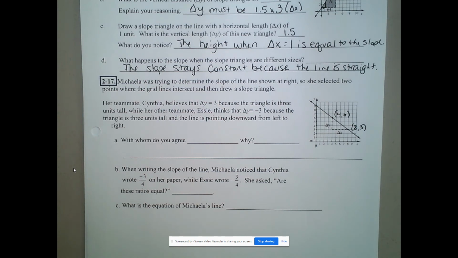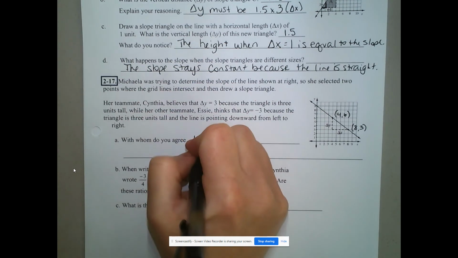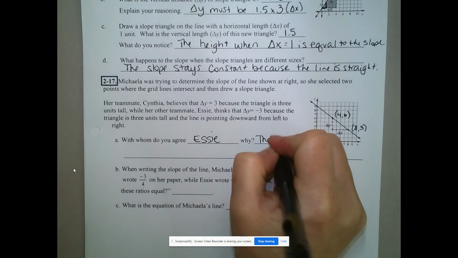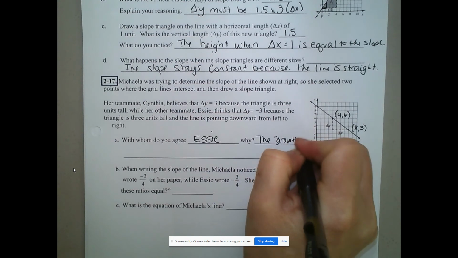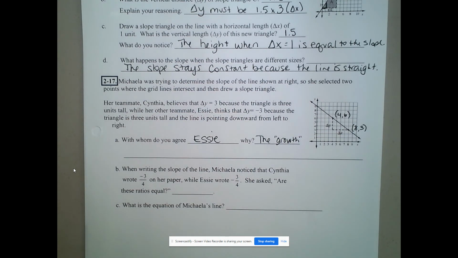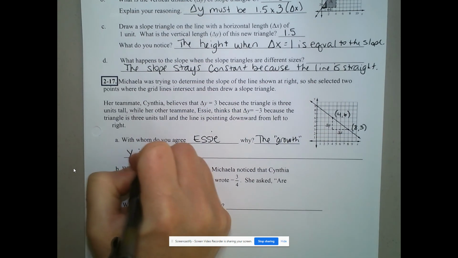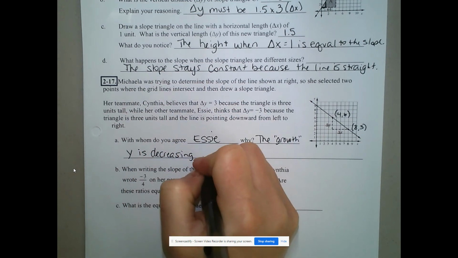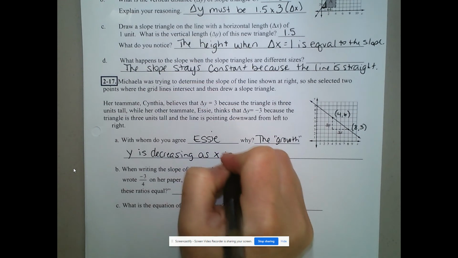Essie is saying, well, because it's pointed downward as we move from left to right, it should be a -3. And that means that Essie is correct. Essie is right. So the growth, and I'll put growth in quotes for this one because it's actually a decrease, right? The growth, y is decreasing as x is increasing.